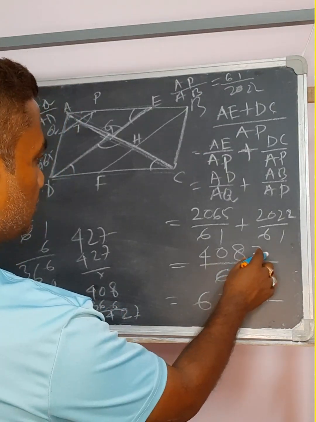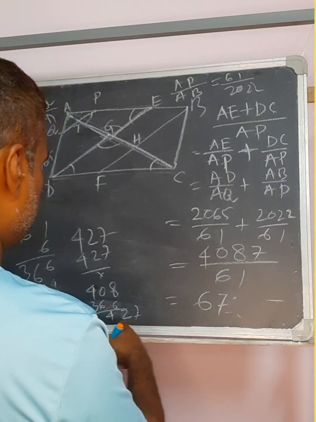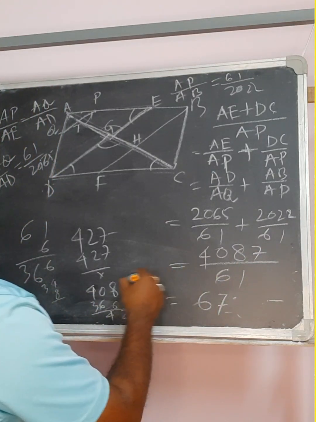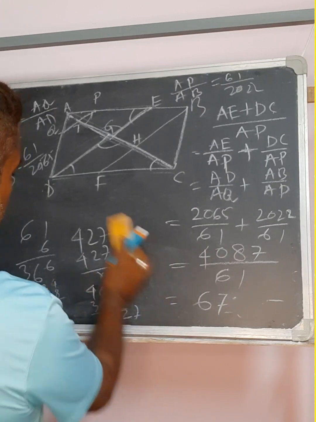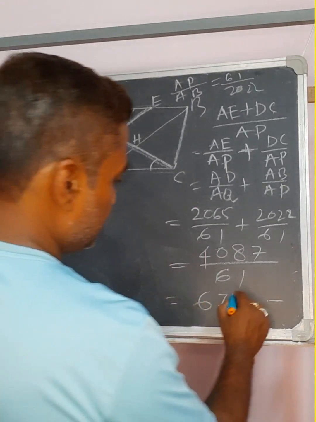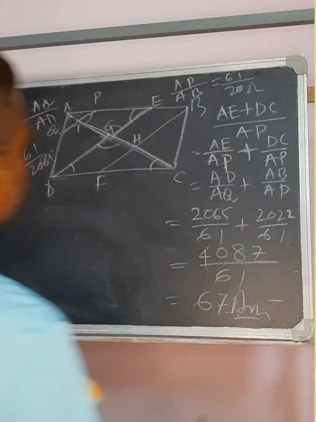So this will be 7, and this will be exactly 61 into 7. Yes, so this gives the result 67. So this is your answer.